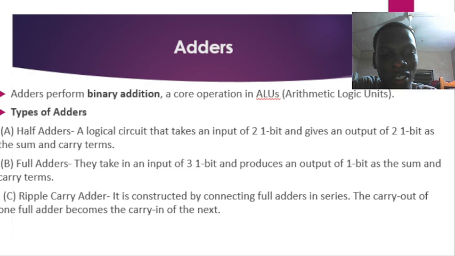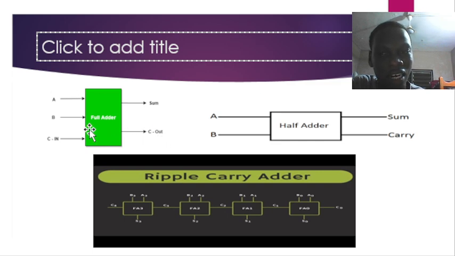So the first one's output becomes the next one's input. Yes. So these are diagrams that show how they are. With the full adder, we have the three 1 bit inputs: input A, input B, and then the carry input.